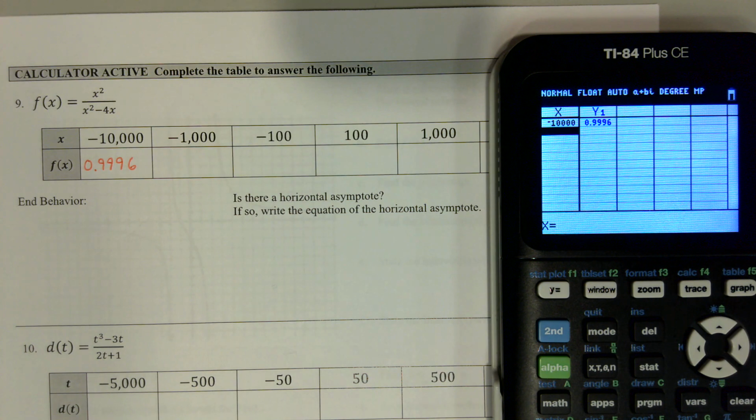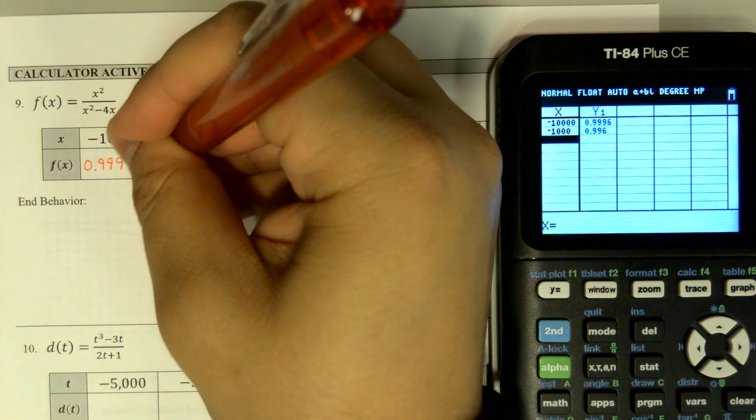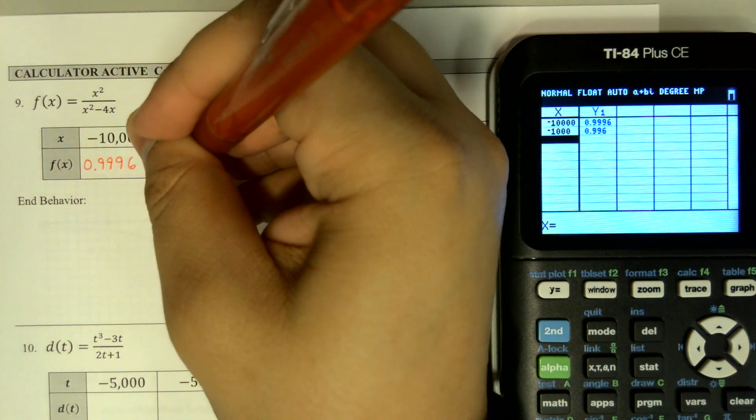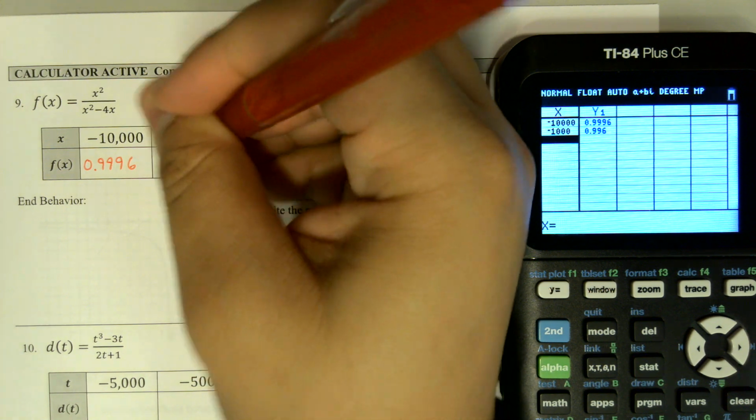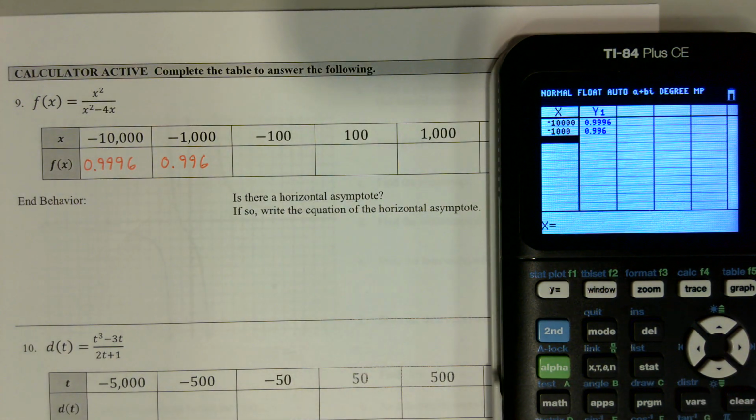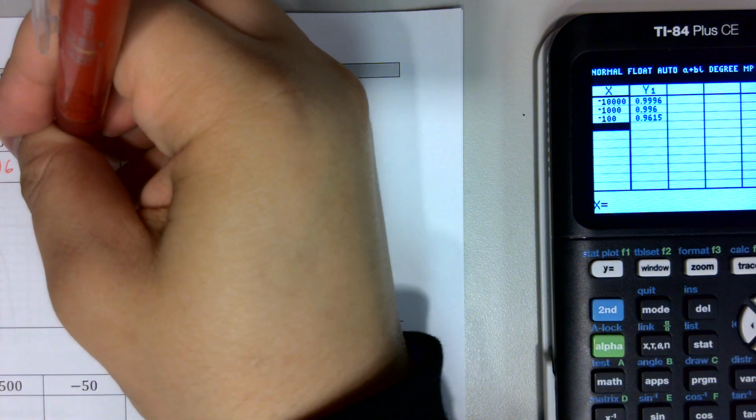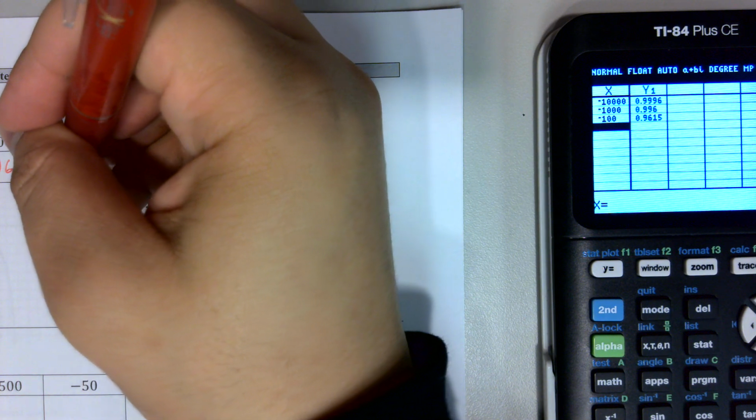0.9996. Okay. What if we type in negative 1,000? 0.996. What if we type in negative 100? We have 0.9615.